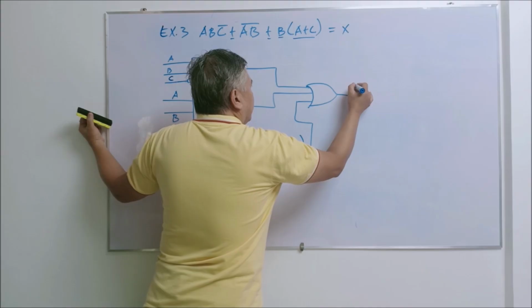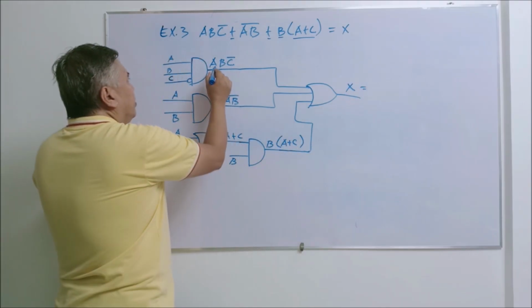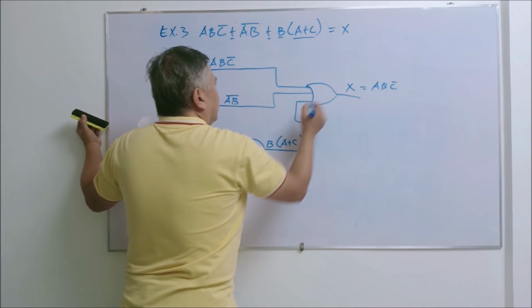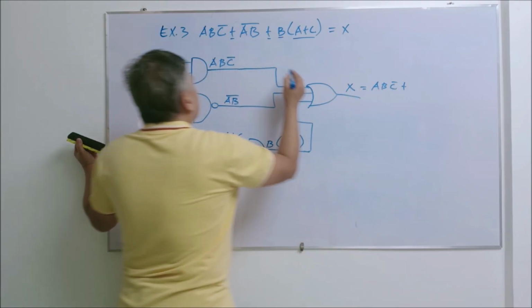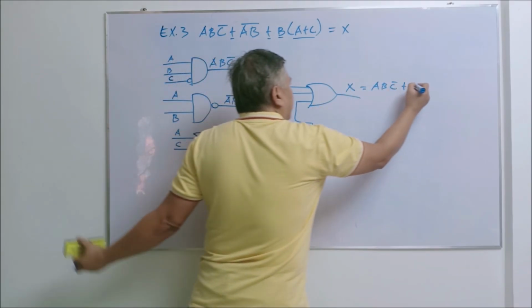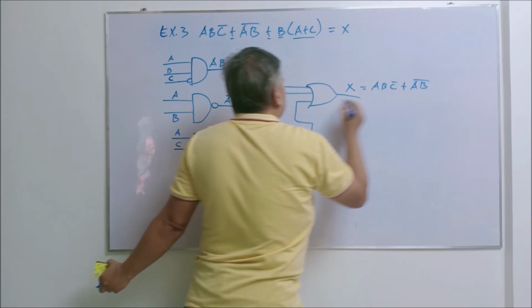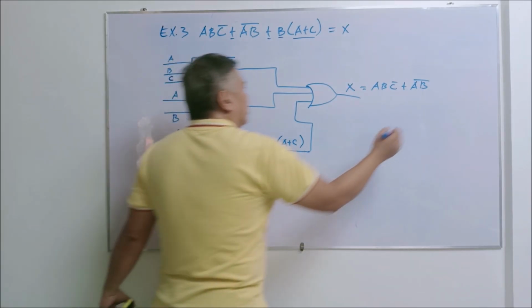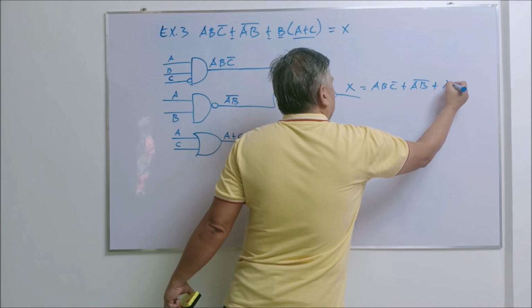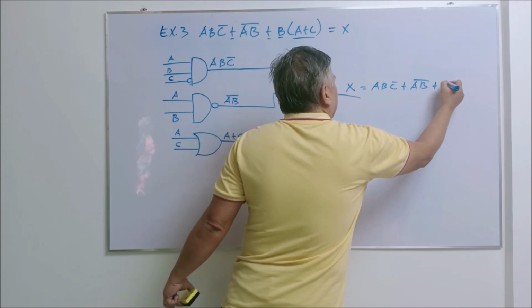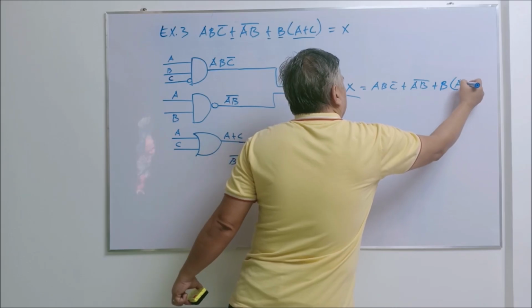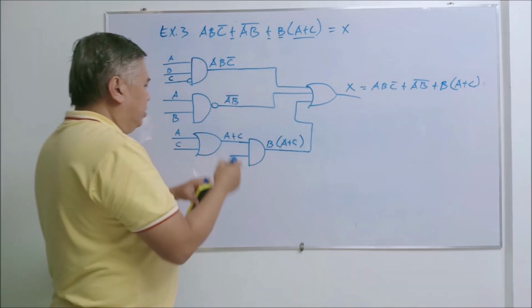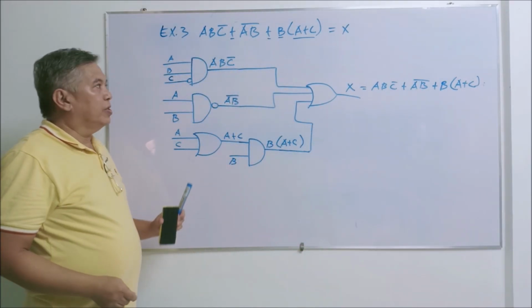So this will now become your X. X will now be equal to A, B, C complement, this one, or A, B complement, that is this one, and then you have B times A plus C, is equal to X. So that will be your logical equation representation.